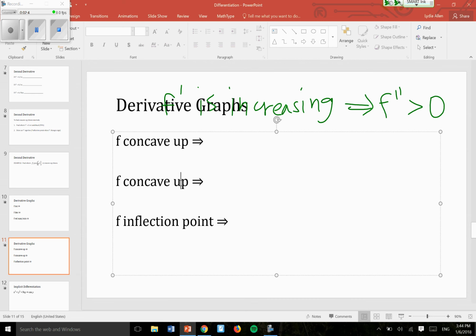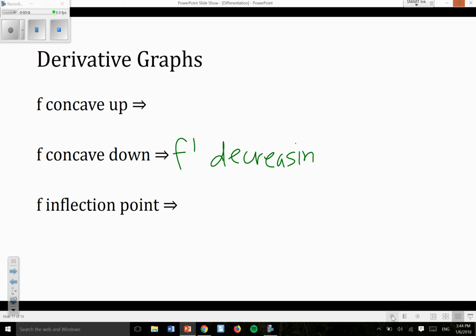If f is concave down, then we know that f prime is decreasing, which also means that my second derivative graph is less than 0.